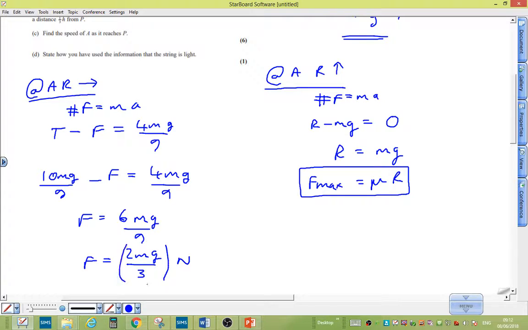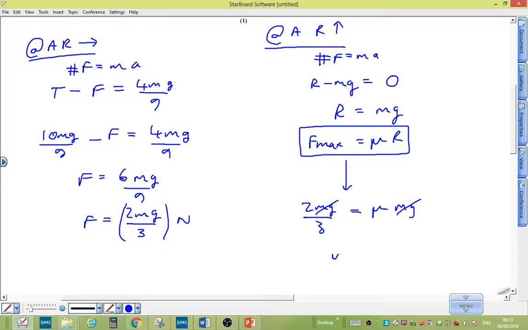Now that's F max. So with this connection here, we know that F max is 2mg over 3. We know it is equal to mu times R. Now R is mg as we worked out here. So we can divide top and bottom by mg, and you end up with what we need. Mu is equal to 2/3 as required.